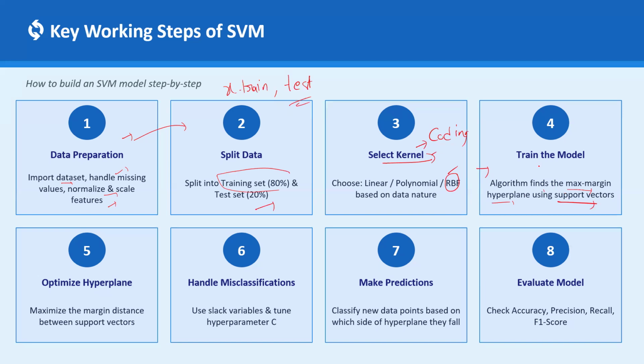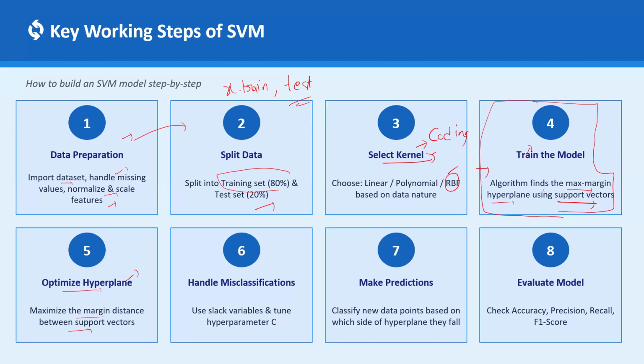So whatever calculation we have done till now, the complete thing is happening here: the training of the model and optimizing it so we can maximize the margin, the distance between the support vectors, by optimizing the hyperplane.